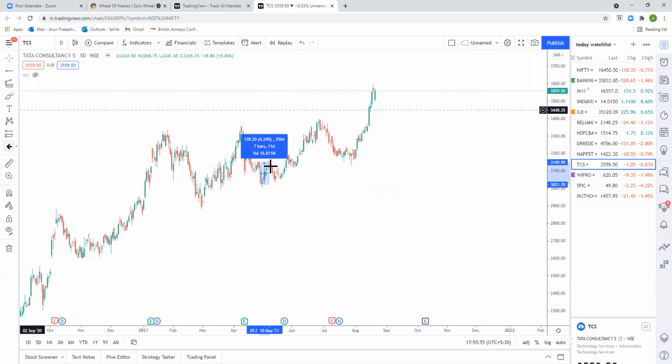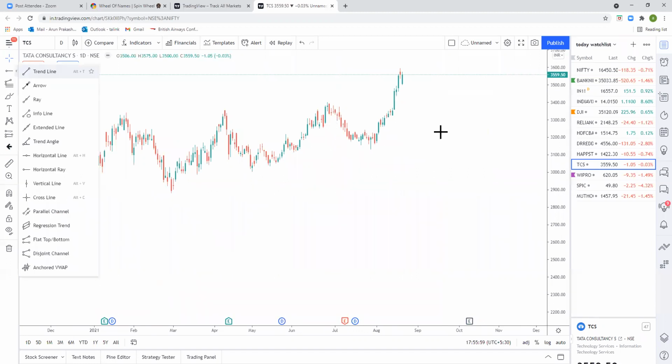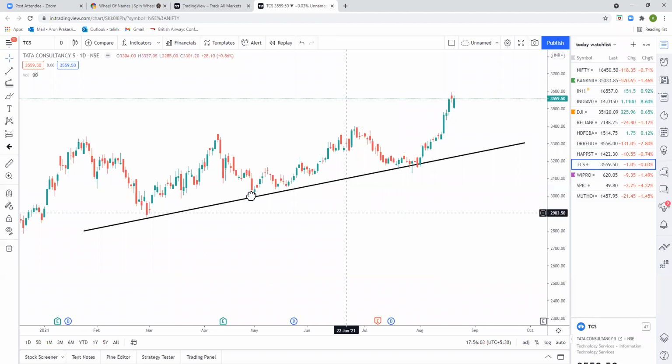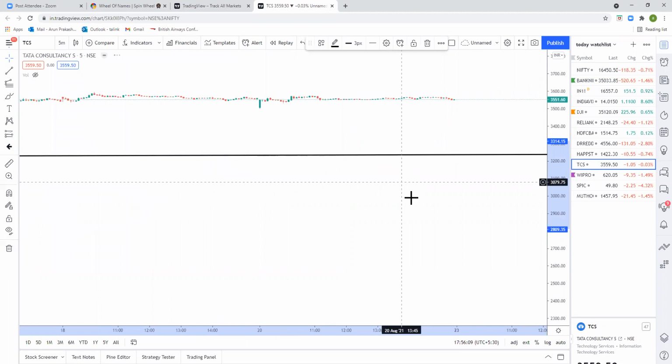Now, within this 4%, you have a trend line here. And at this trend line, now you are an intraday trader. Now I am going to 5-minute time frame.